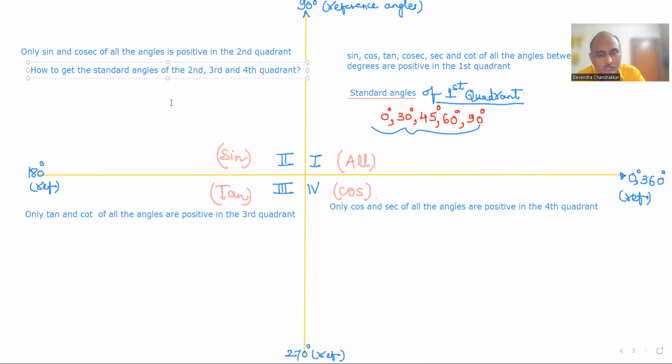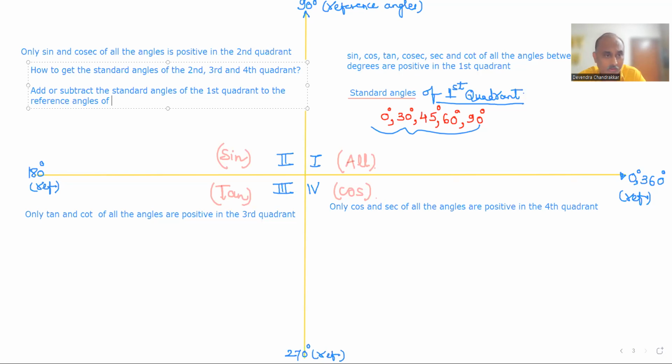So what you do here is add or subtract the standard angles of the first quadrant to the reference angles. By the time now you are aware what the reference angles are, right?